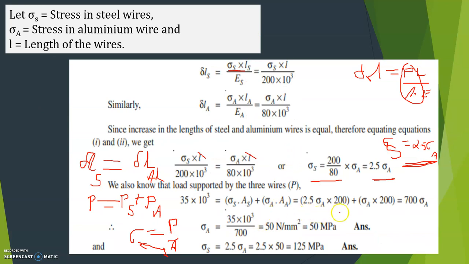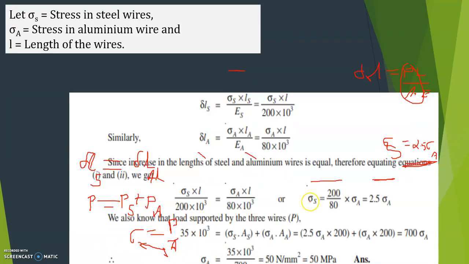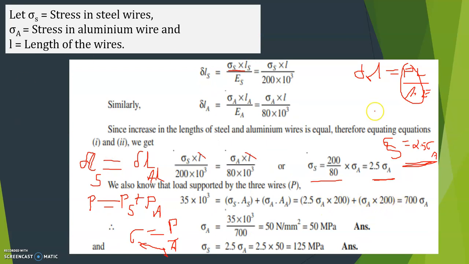Next, simplify: plus sigma A, which we don't know so let it stay, into the area of the aluminium bar, which is equal to 200. Substitute that and simplify. Only one unknown, sigma A, so you will get 700 sigma A.